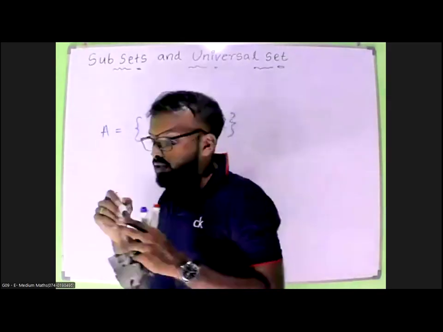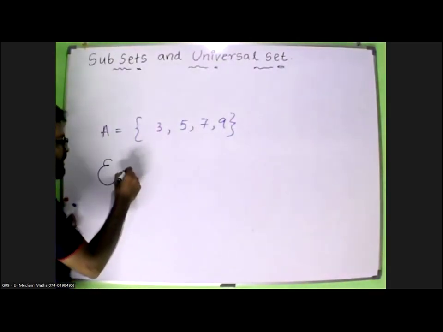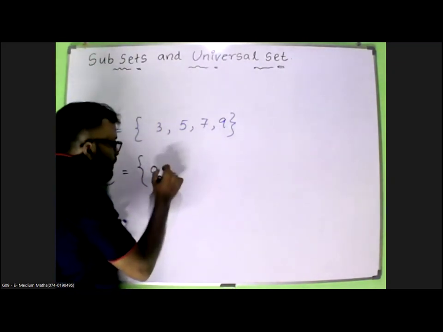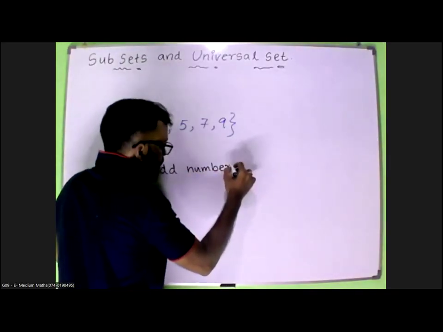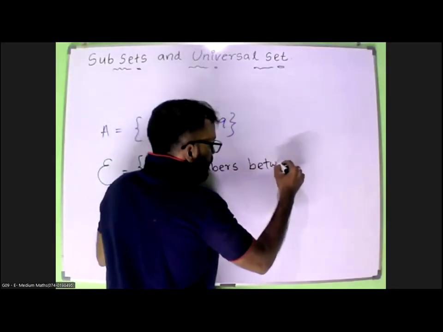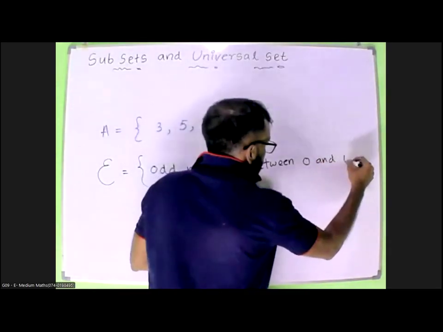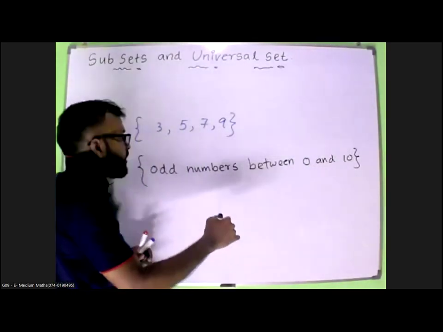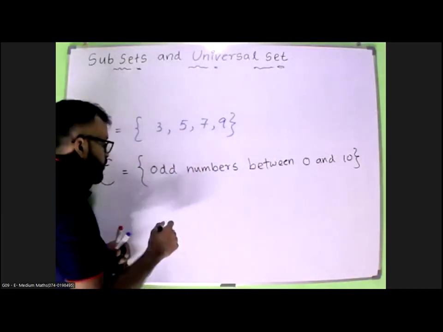So I can define the universal set like this: odd numbers between 0 and 10. Odd numbers between 0 and 10. So this should be my universal set.